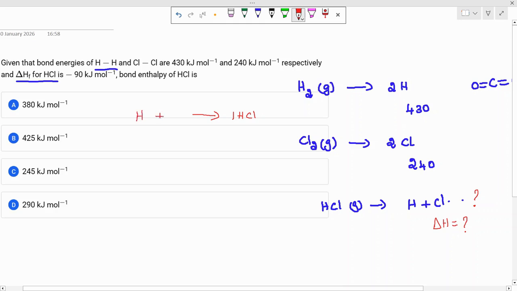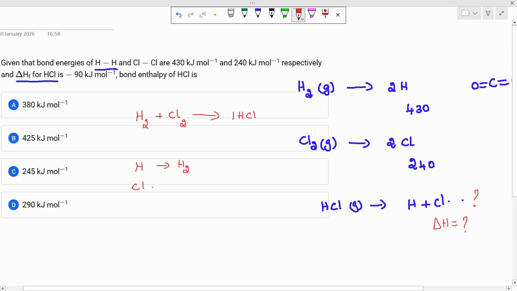H and Cl will be the constituent atoms, but they are not in the elemental state. Actually the definition is the enthalpy change involved in the formation of 1 mole of molecule from the constituent atoms' elemental state. So the elemental state will be H2 and Cl2. The elemental state of hydrogen will be H2 at room temperature.